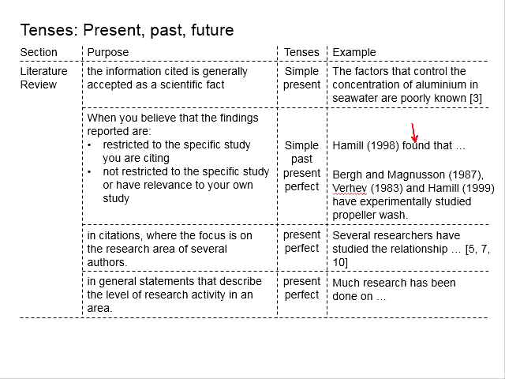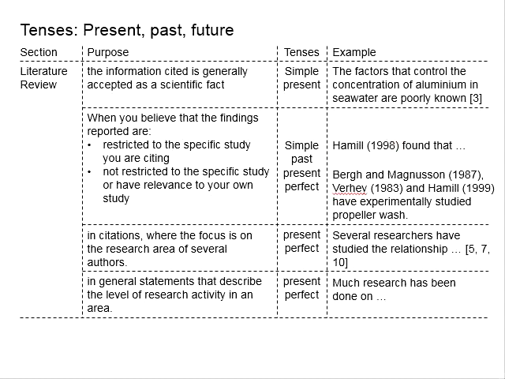Based on this sentence, whichever findings are stated here, they are only applicable to the study carried out by Hamill. It was applicable then, but may not be applicable now. When you use the past tense here, that means your focus is solely within the research study by Hamill.